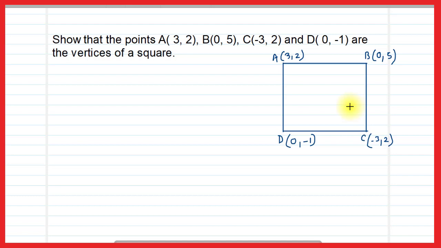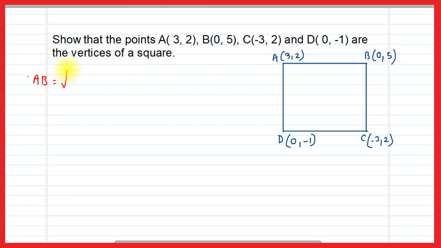So here we will have to show that all the four sides are equal and the diagonals are also equal. So we will find one by one sides AB, BC, CD, AD, and then the lengths of the diagonals using the distance formula. So here friends, first we will find side AB.